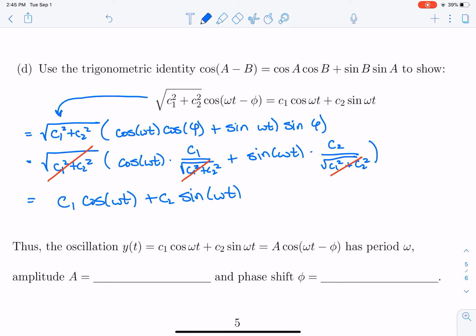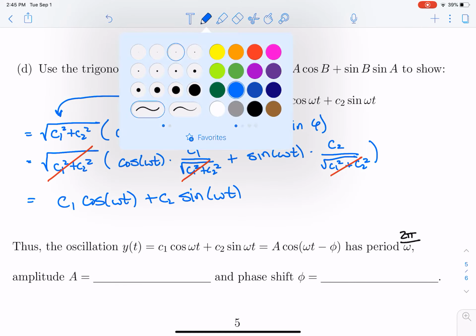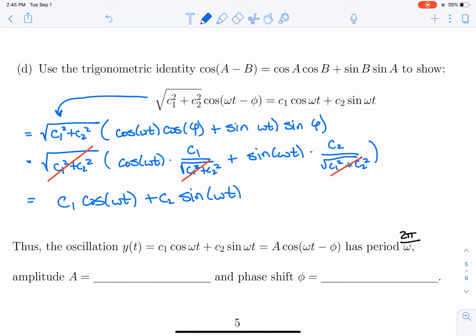Now we can say that the oscillation can be written as A times cosine of omega t minus phi, where the period is given by 2 pi over omega, the frequency is omega, the amplitude is the square root of C1 squared plus C2 squared, and the phase, phi, is the arctangent of C2 over C1. And if you write your oscillation as just a single cosine, then it's easier to plot.